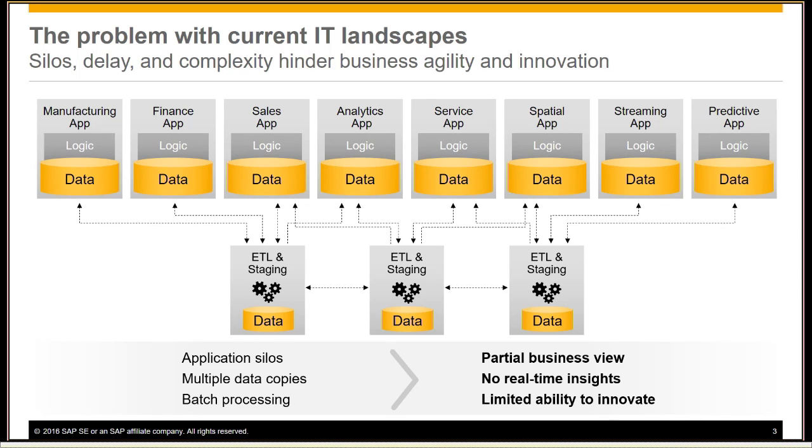So this is fundamentally the problem that we have been hearing from our customers. Just to give you a little background on SAP, for those who are not familiar, we are the largest enterprise software company, and it means the enterprise software that we deliver to our customers across the regions, across the industries, across the lines of business.